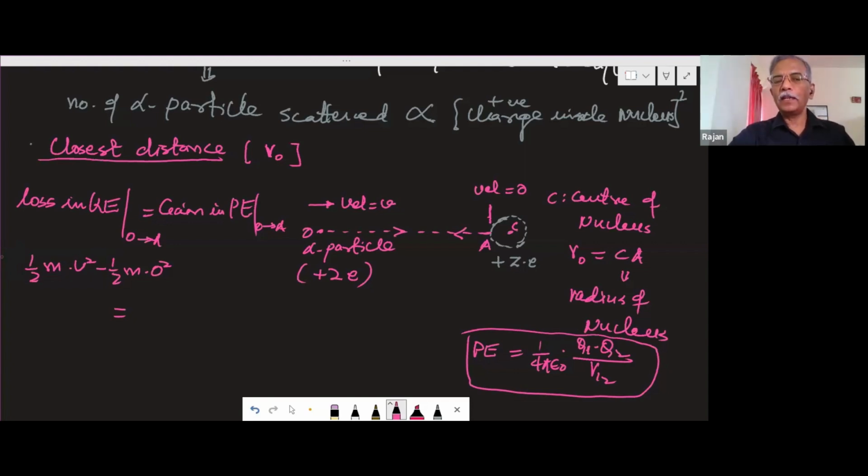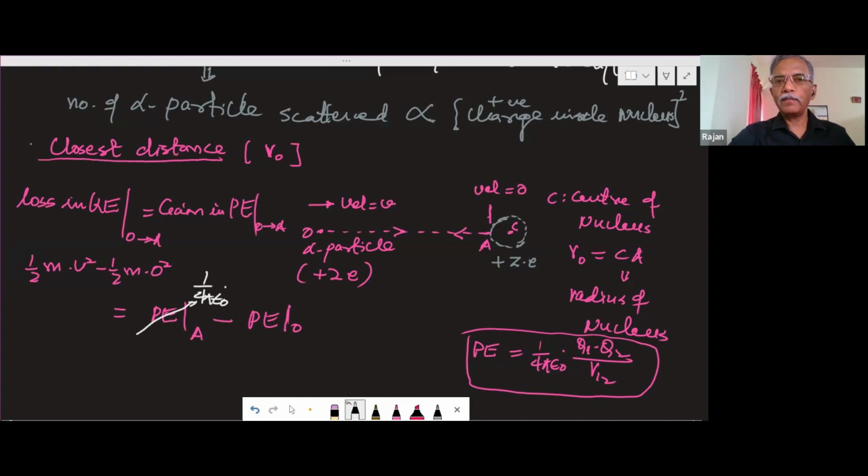So I'll be writing the gain in potential energy. Wherever R12 in the formula is less, the potential energy is more. And when R12 is infinite, it will be 0, of course. So I can write this as P at A, which is more, minus P at O. So what should P at A be? It is 1 by 4 pi epsilon naught Q1 Q2.